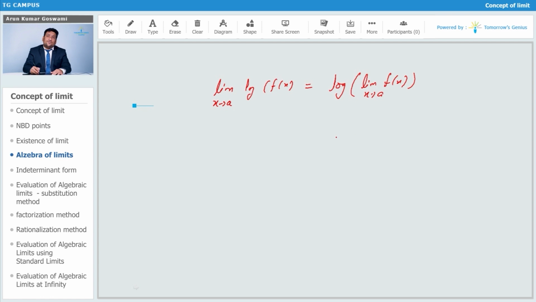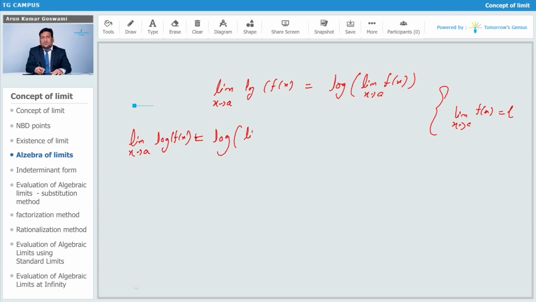Now if we know limit x tends to a f of x is equal to L, it means we can say that limit x tends to a log of f of x is equal to log of limit x tends to a f of x is equal to log of L.